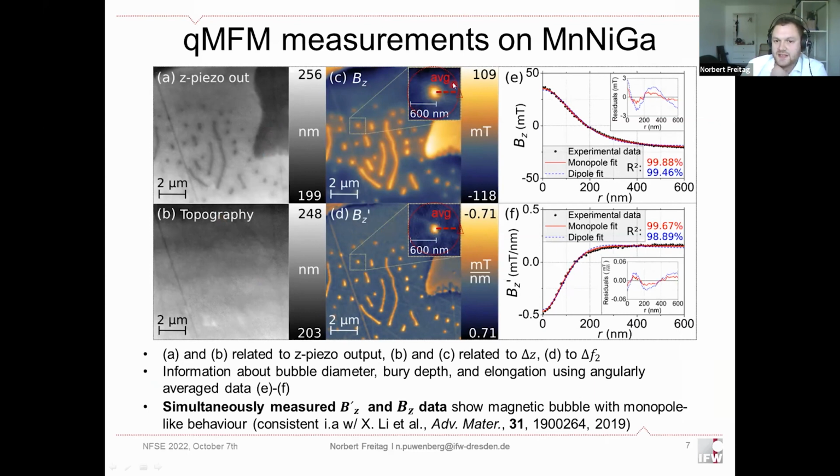What we did is we selected this bubble, did some radial averaging, and here we get this data, and we can fit various models. In the first case, the monopole fit, and the second is the dipole fit. And we see here the accordance level is better for the monopole fit in both cases. So that means that we have a monopole-like field source in the sample.